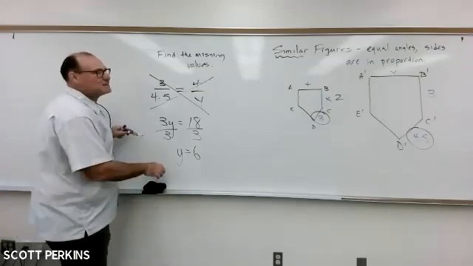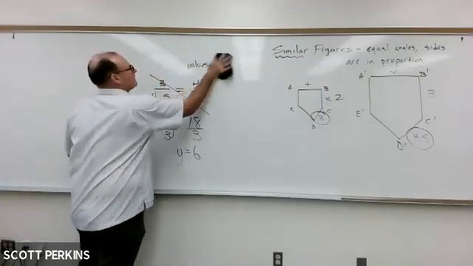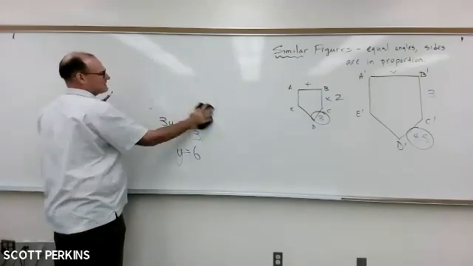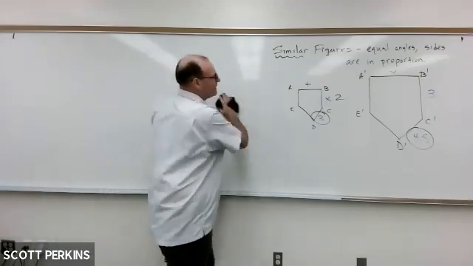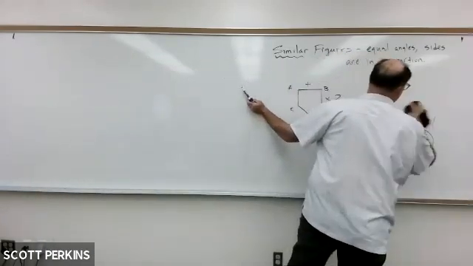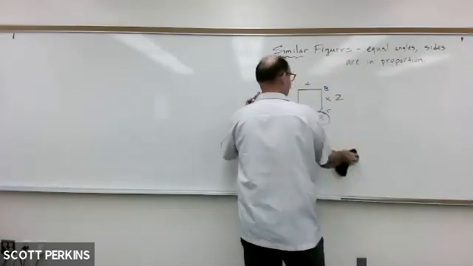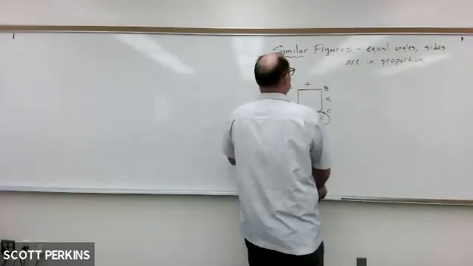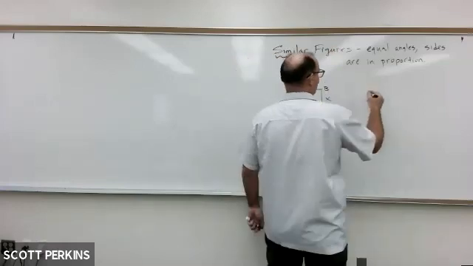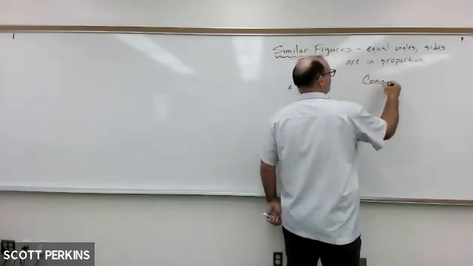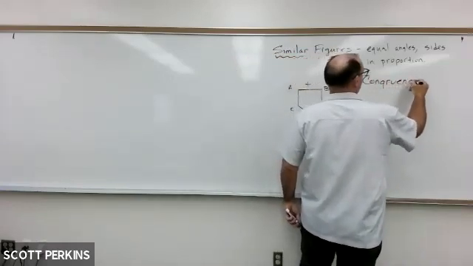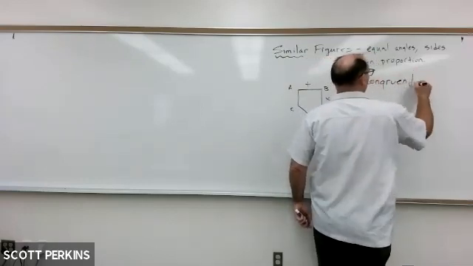All right, the last little thing is related to similarity. You're almost done. This is nice and relaxing. There's a special type of similarity. It's called congruence. That's called congruent.